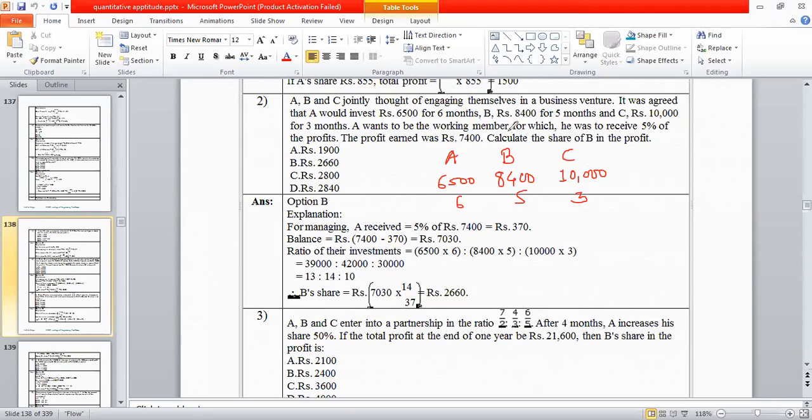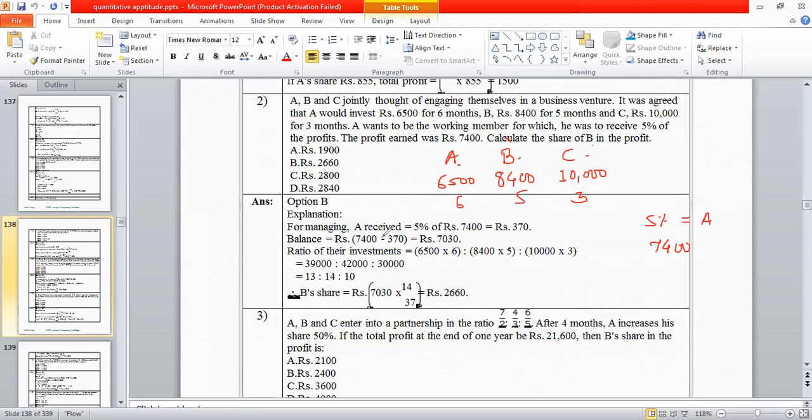A wants to be the working member for which he was to receive 5% of the profit, whatever that profit is. And the profit earned is 7,400. Calculate the share of B in the profit. आता A चं प्रॉफिट दिलेलं आहे, B चं कॅल्क्युलेट करायचं.